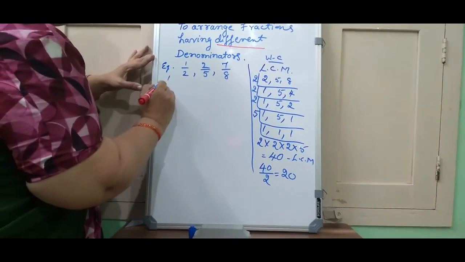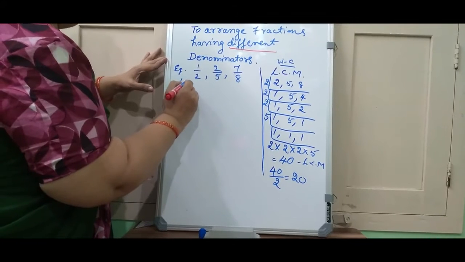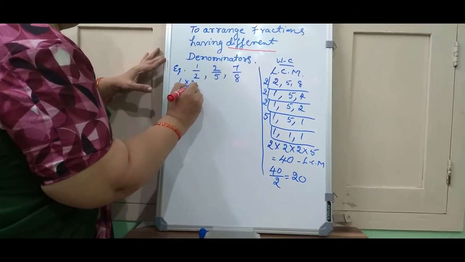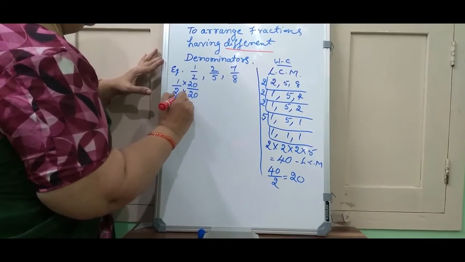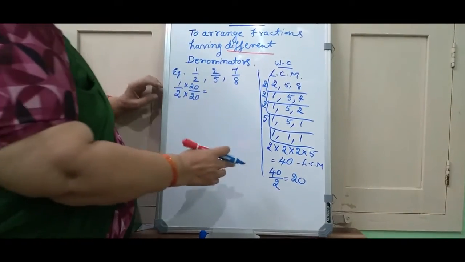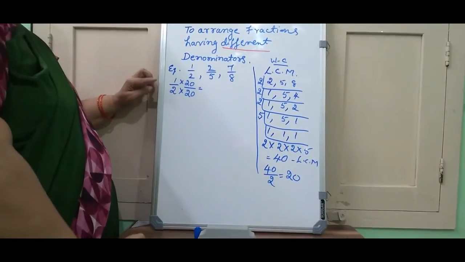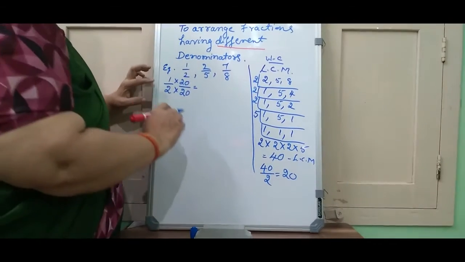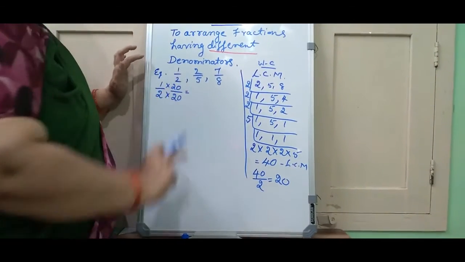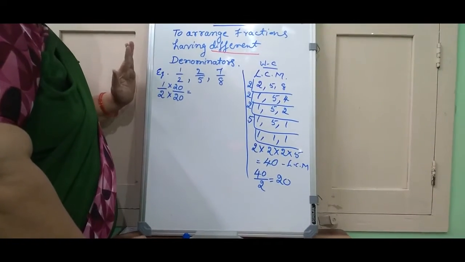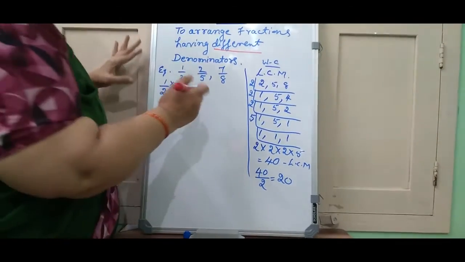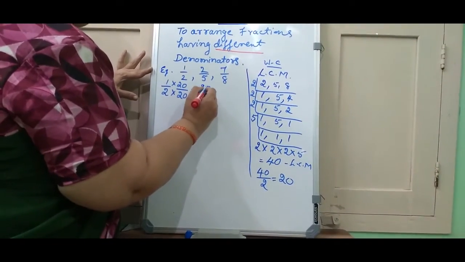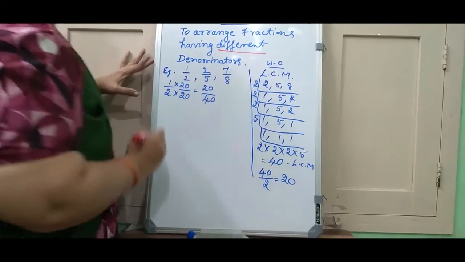So I will convert this half into the equal fraction by multiplying by 20, because we should get the number 40 in the denominator. So we are converting each fraction into the same denominator, the value of the LCM. So here, 20 by 40.